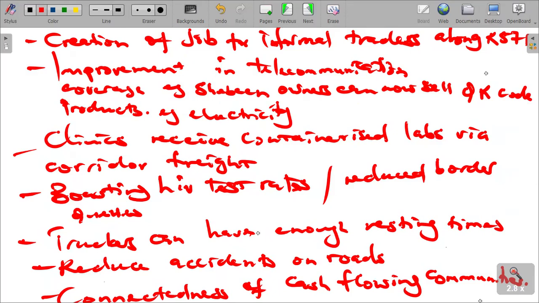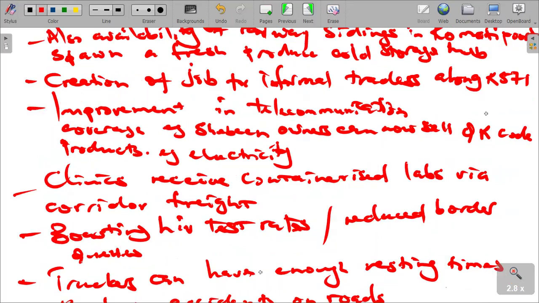The boosting of HIV test rates and also reduction in border queues, the containerized labs that are carried through the corridor freight, the selling and transactions through plastic money. All those are quite a lot of good advantages that we cannot override with regards to what we are discussing now.